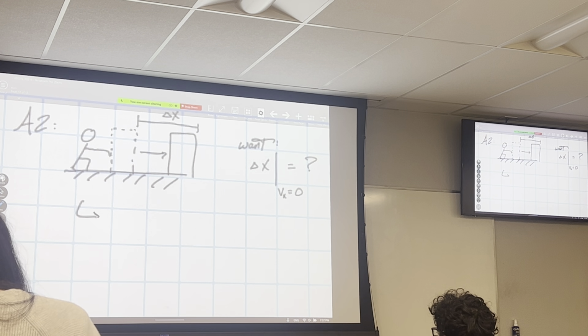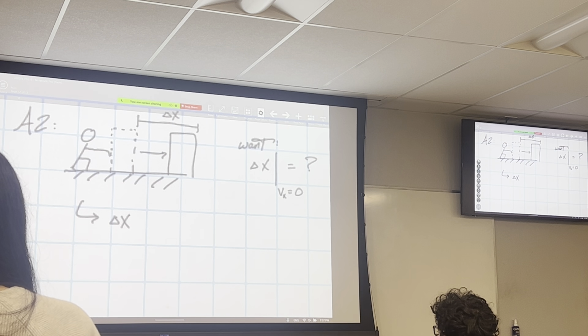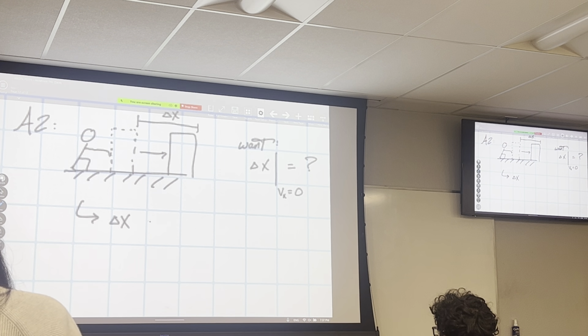Now the general approach is the following. We want delta x, and we can get delta x as long as we have the acceleration through the kinematic equations. But how do you get acceleration? Through Newton's second law and looking at the net force in the x direction.